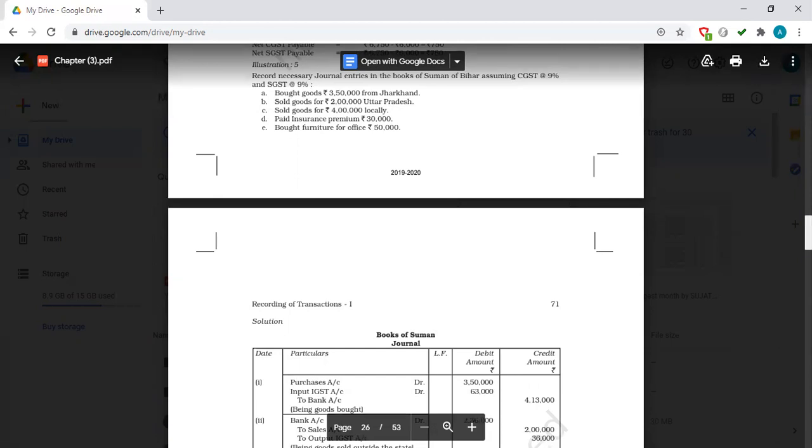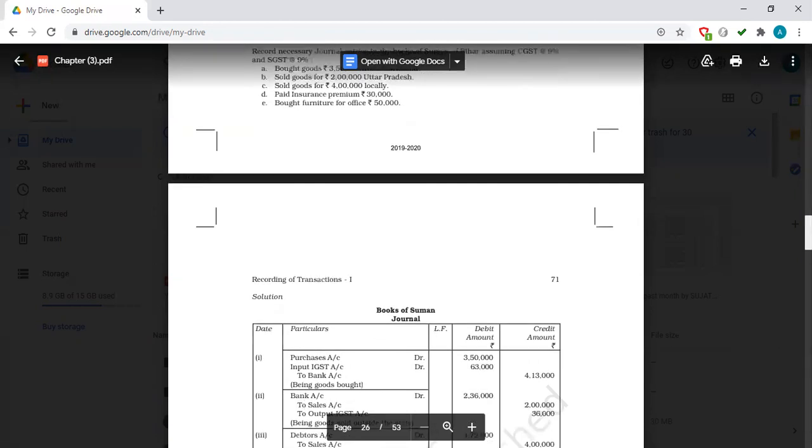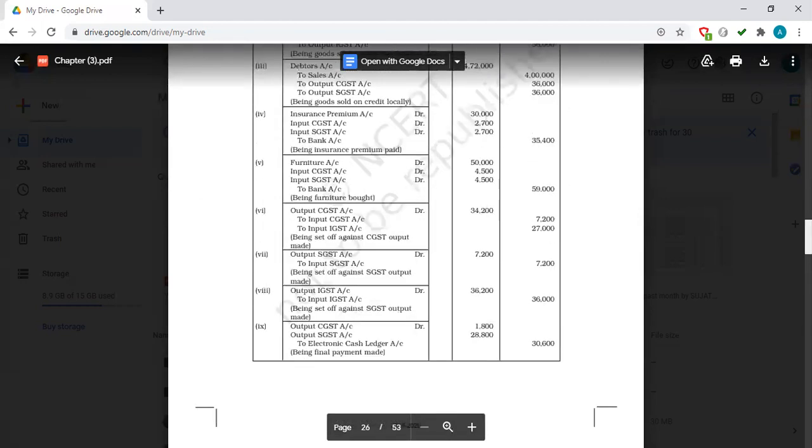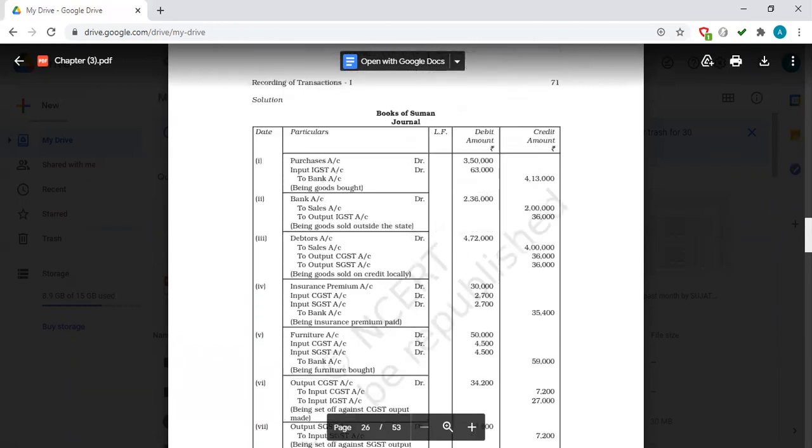Input CGST, 9% is 2,700, input SGST is 2,700. Input CGST debit 2,700, input SGST debit 2,700 to bank account. Do the total: 35,400.